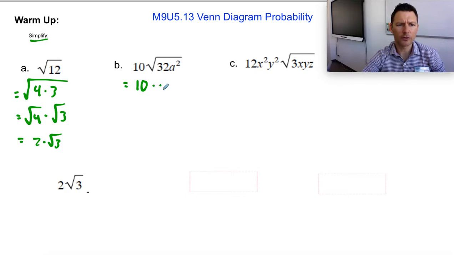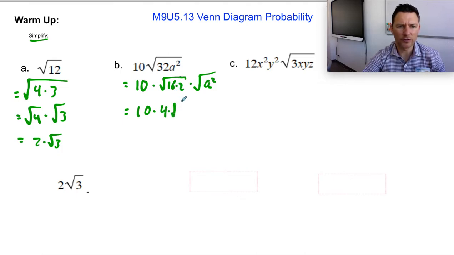This turns into root 32, which I'm going to call 16 and 2, times root a squared. This is still 10. This is root 16 times root 2. The root 16 comes out as a 4, and the root 2 stays in. And root of a squared is just a. So this becomes 40a root 2. Right, here's 40. Here's a. Here's root 2.